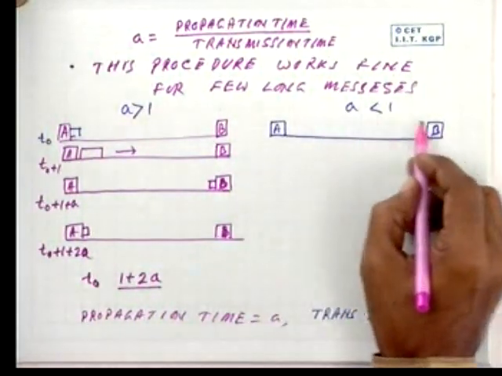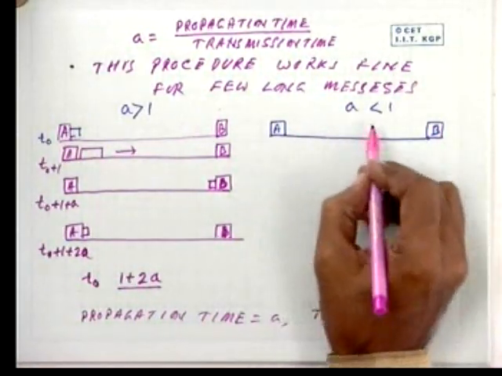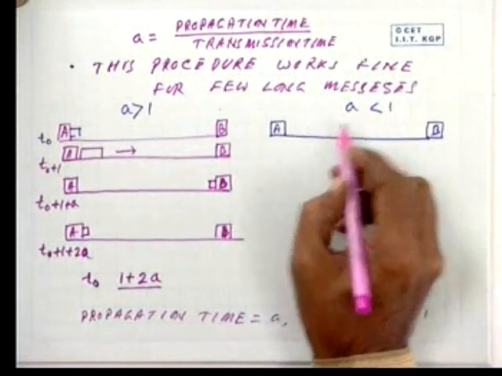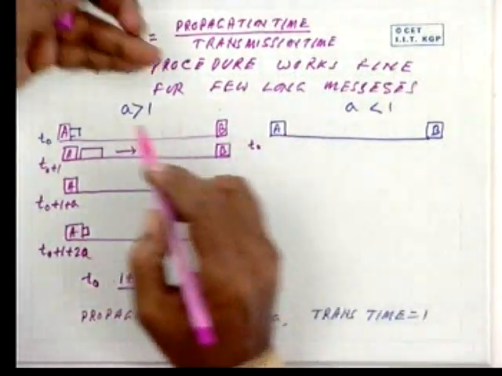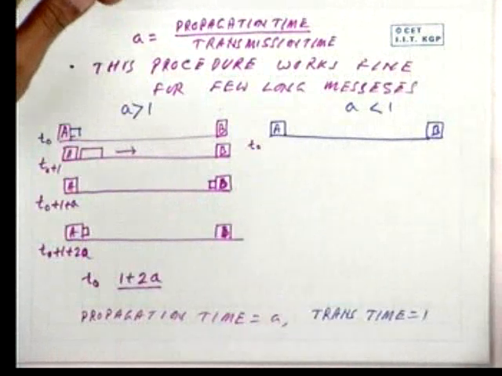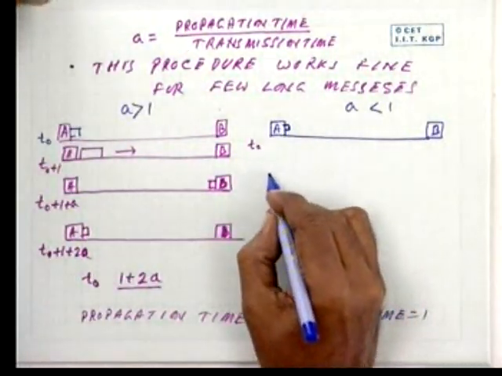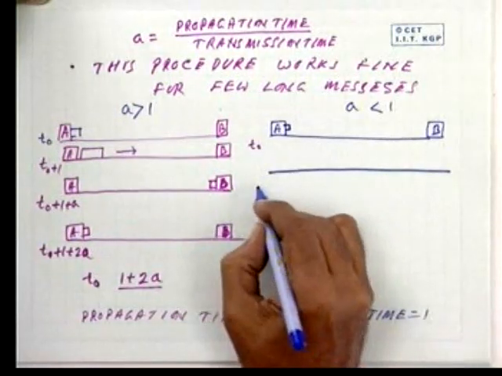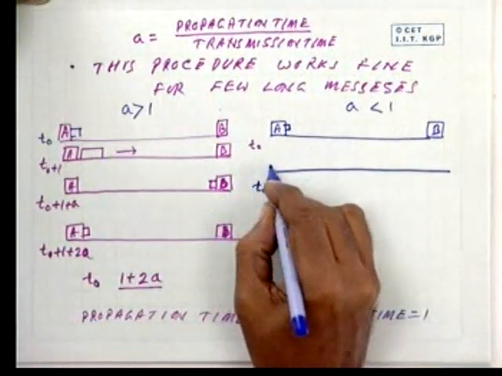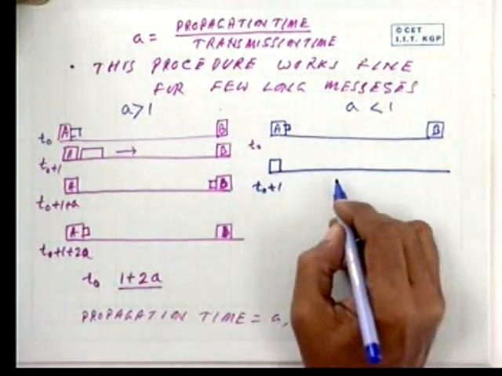Let us consider another situation where a is less than 1. At time t0, the transmission starts from A, then at time t0 plus 1, transmission is completed.